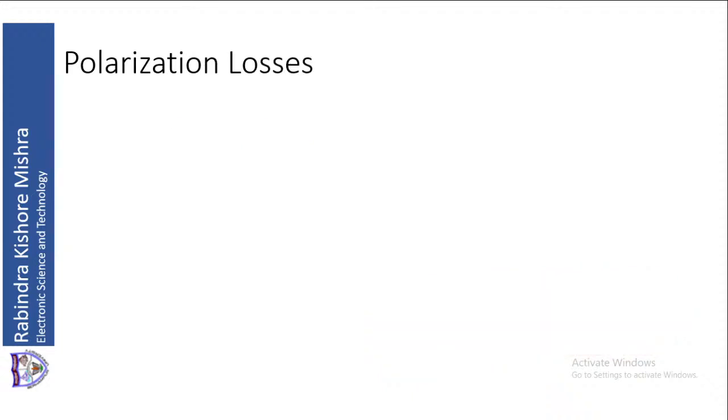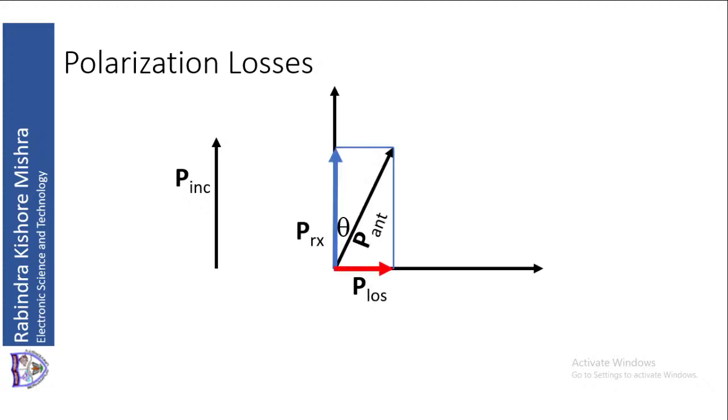Now let us come to the polarization losses. Losses due to polarization. Now look at the incident power. The incident power gives you the field in the vertical direction. So this shows you the field in which the maximum power is there, in the vertical direction. Then this P on the right hand side gives you the polarization of the antenna, which is slant, not vertical.